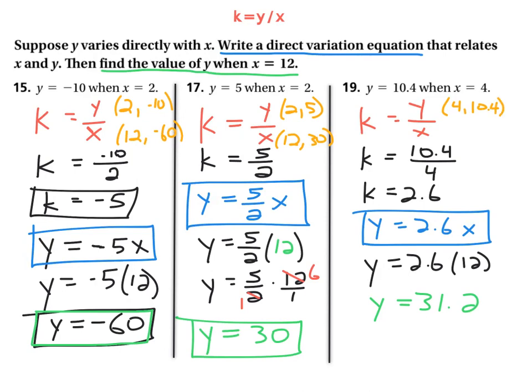They asked what you would get as an output if you plugged in 12. So we would have 12, comma, 31.2. All of those in orange, or yellow, depending on how it appears to you, would be points on the graph if we graphed these direct variation equations. So, that was full of information, but watch it a second time if you need to, and hopefully it's helpful.